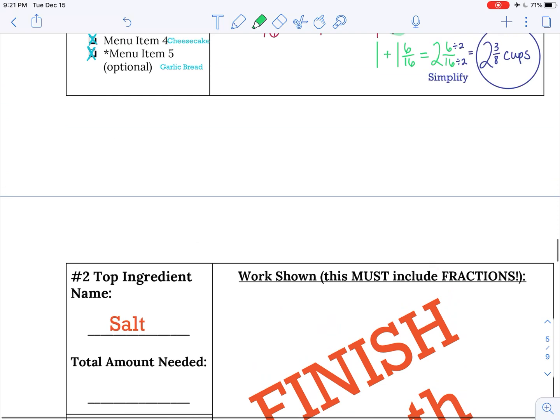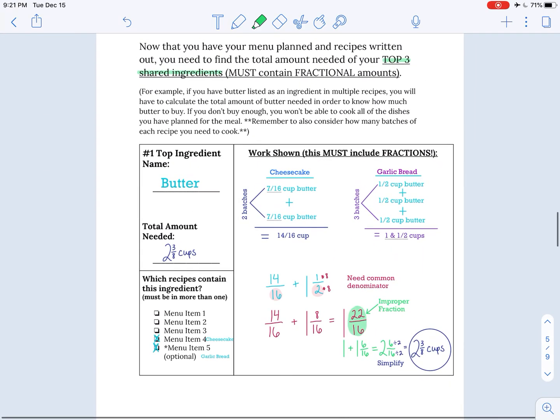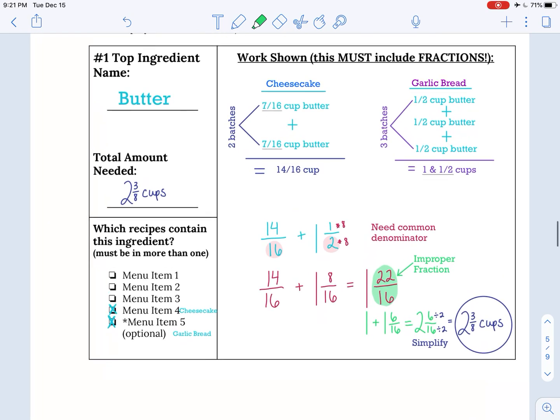And I'm just going to talk you through how I showed my math for the butter ingredient, okay? So your goal today is to figure out how much total butter I need in order to make enough cheesecake and garlic bread for my meal that I have planned.